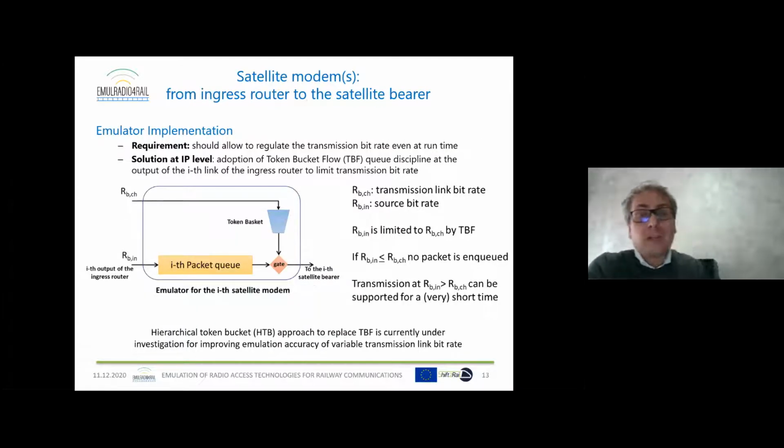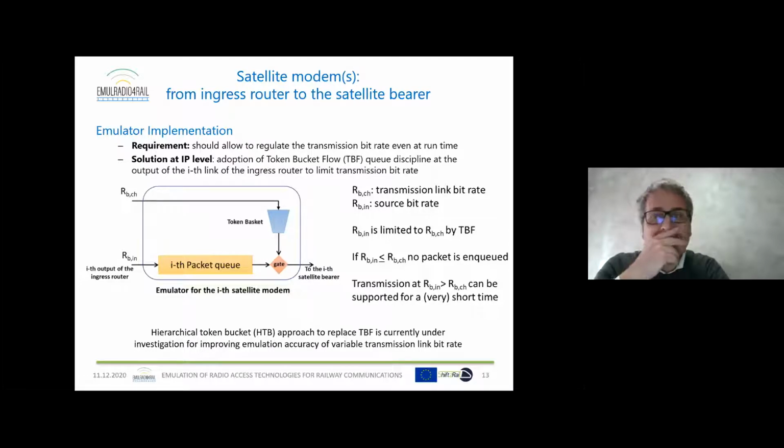We would like also to mention the functionality provided by the token bucket flow, TBF, QoS discipline, embedded in the Linux operating system, because in this way we are able to emulate the different accommodation of the packets inside a packet queue, using this approach provided by the token bucket flow of Linux. Why?